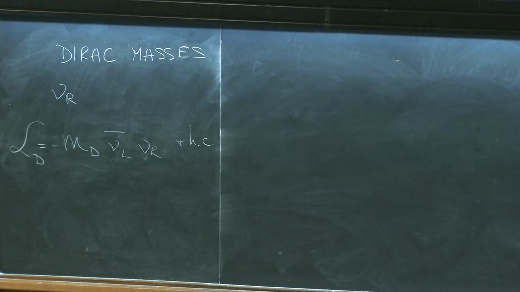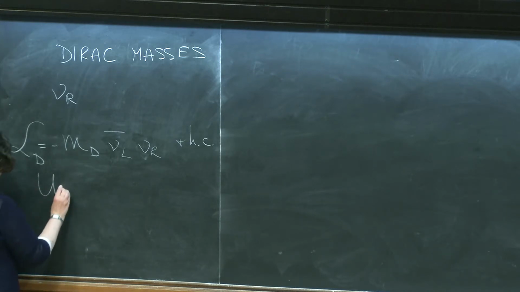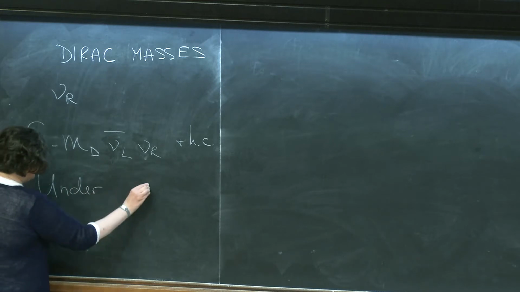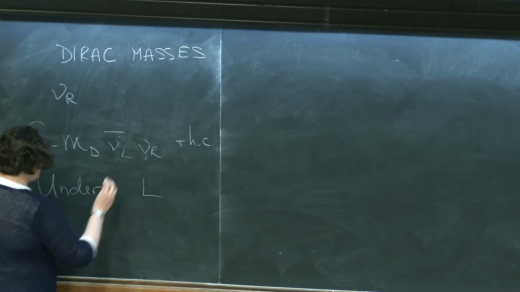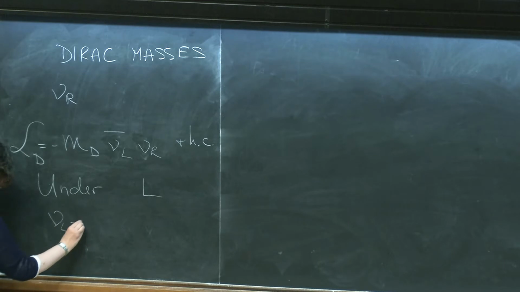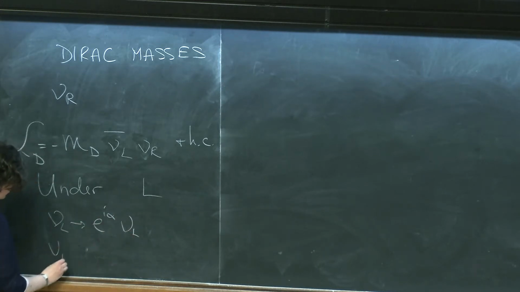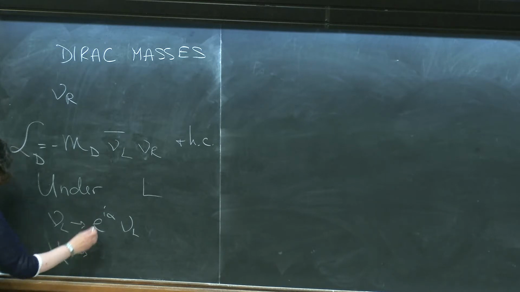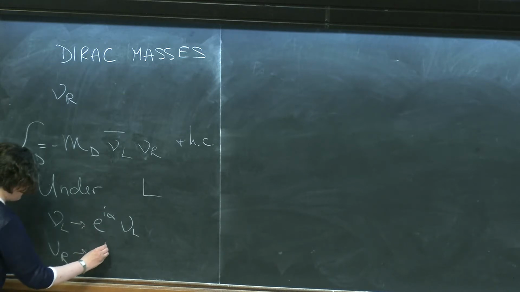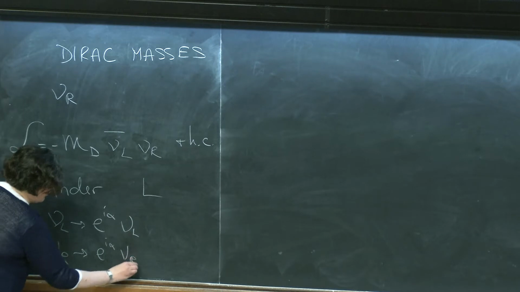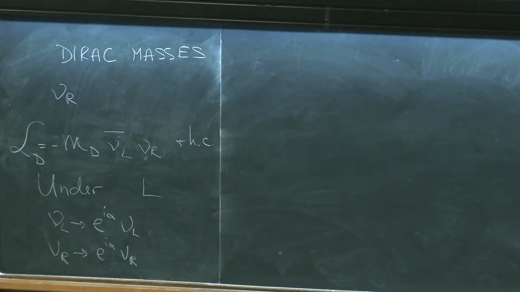It preserves lepton number. So how do I see that? Under a lepton number transformation, nu left goes into e to the i alpha nu left, and for nu right, I can choose the same phase, and in this case, this is invariant. So lepton number is preserved.